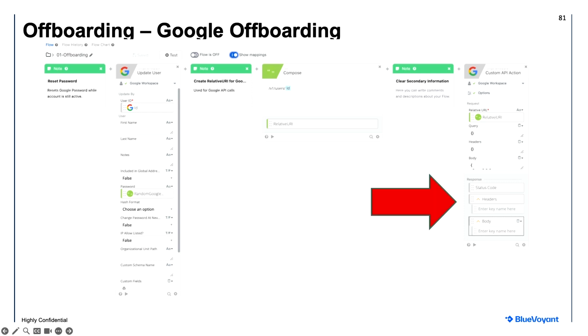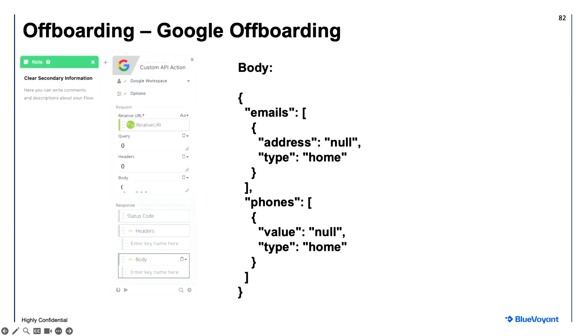So it will push just the same in a different way. In this particular example, we can type in null, and null is fine. Google's okay with that. Under email, the address type for home is the equivalent of a secondary email address in Okta. So we can blank out that stuff so that they can't try to use a secondary email address to recover the account, or their personal cell phone number or something like that.